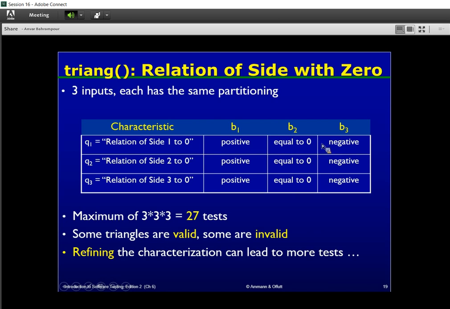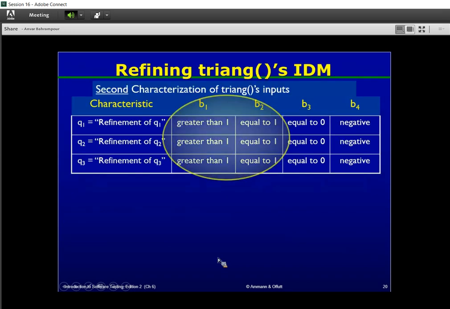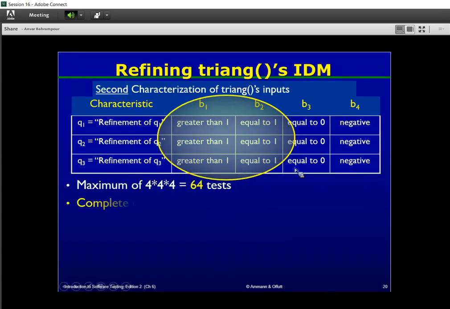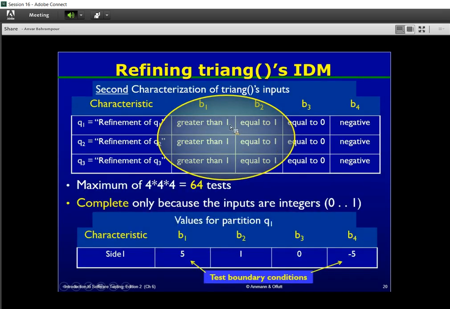In addition to the special value 0, we could have another special value such as 1. But there is no need, as you will see in this slide. When we use more characteristics and more special values, we could have more tests.